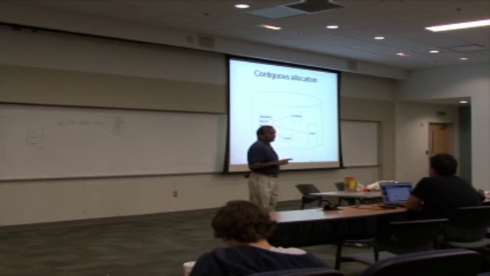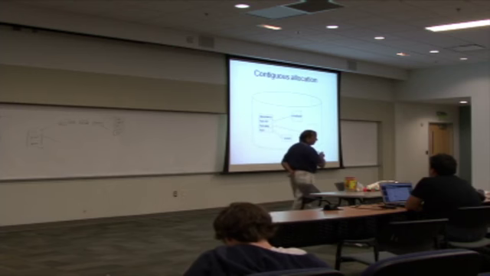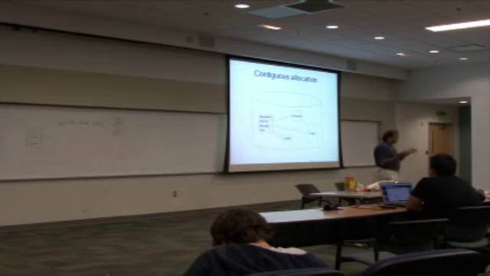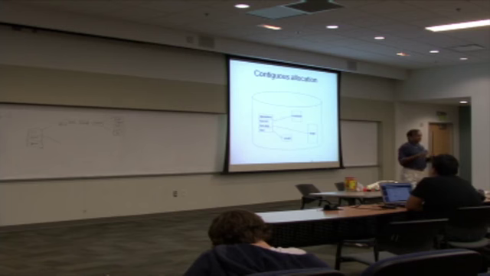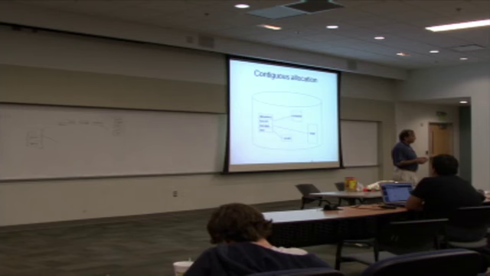Okay, and in the case of fixed-size partitions in memory management, the nice property of that scheme is that the data structure the operating system needs to maintain is very simple, right? What is the data structure that you would need?